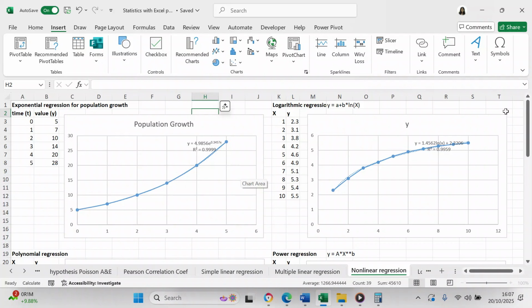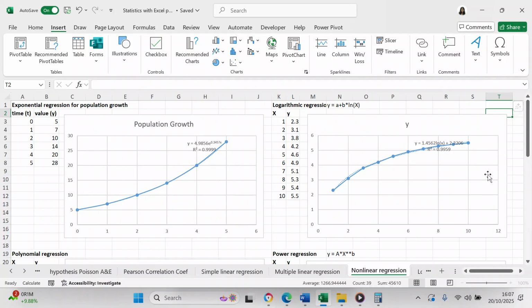Then we've also got logarithmic regression, where the formula is a plus b times ln x. You've got your x being 1 to 10, and your y being 2.3 to 5.5, and that's going to be your logarithmic regression.